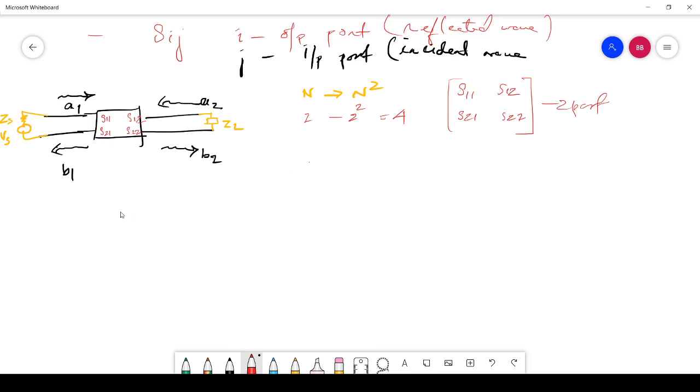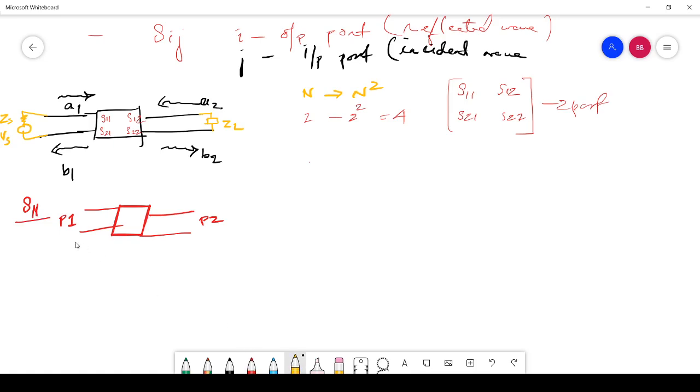Suppose we have to see what S11 is. This is my two port network, with port 1 and port 2. If it is Sij, I is my reflected and J is my incident.